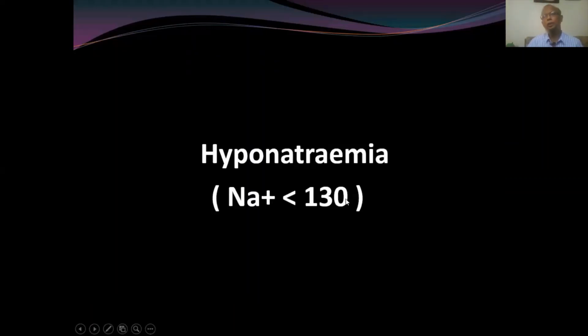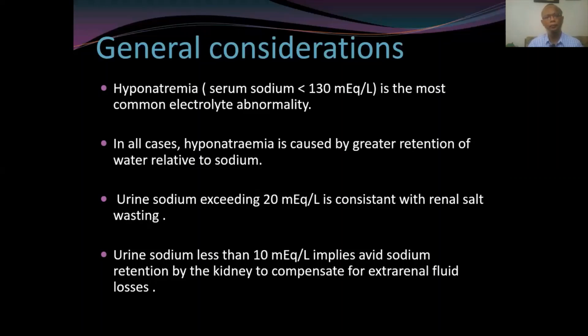Usually manifestation occurs when the sodium level is less than 130 millimole per liter. As I have already told, hyponatremia is the most common electrolyte abnormality. And in all cases, hyponatremia is caused by greater retention of water relative to sodium. So when there is hyponatremia, actually retention of water is more than that of sodium.